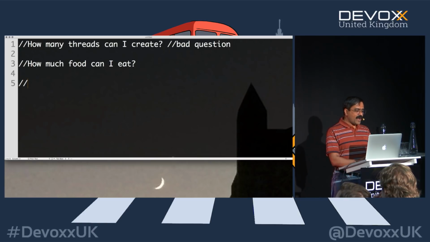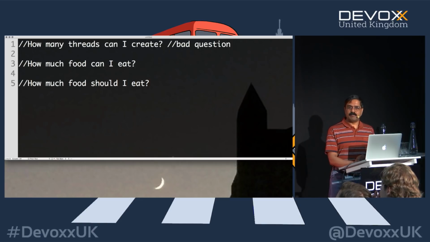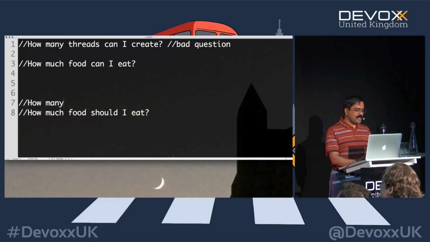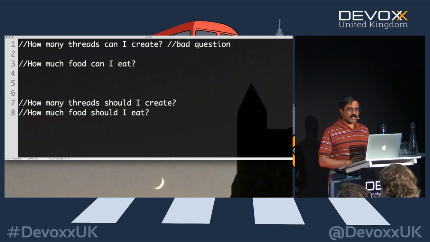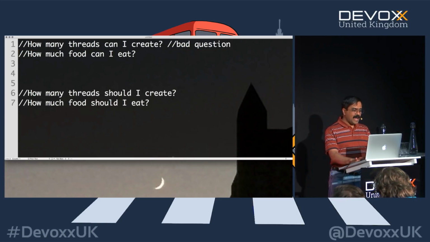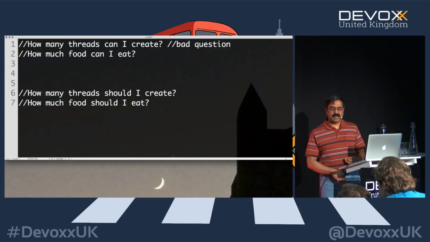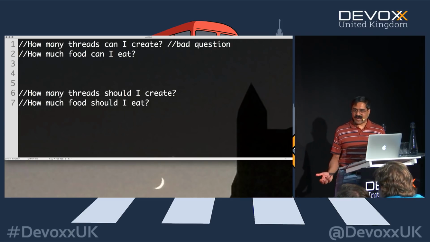The real question to ask is, how much food should I eat? That's the real better question. In a similar way, the question I should ask is, how many threads should I create? Oftentimes the difference between can and should makes a big difference. So we should really ask the question, how many threads should I create, not how many threads can I create?